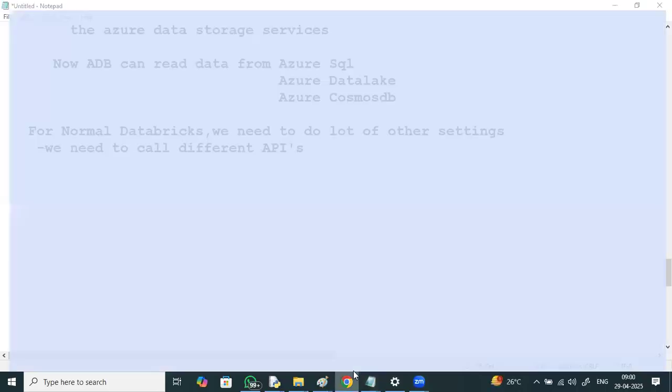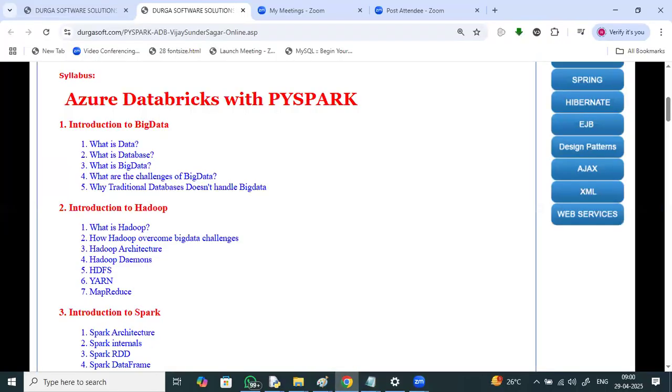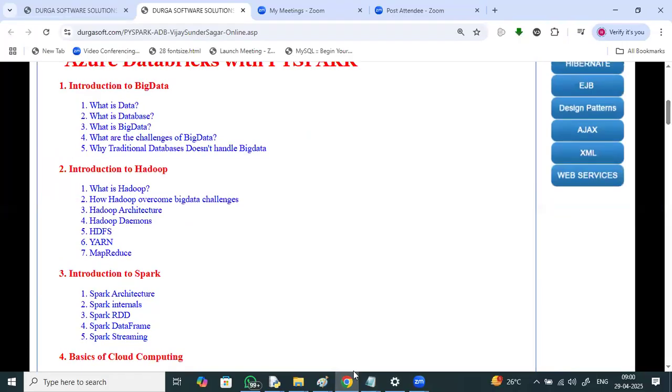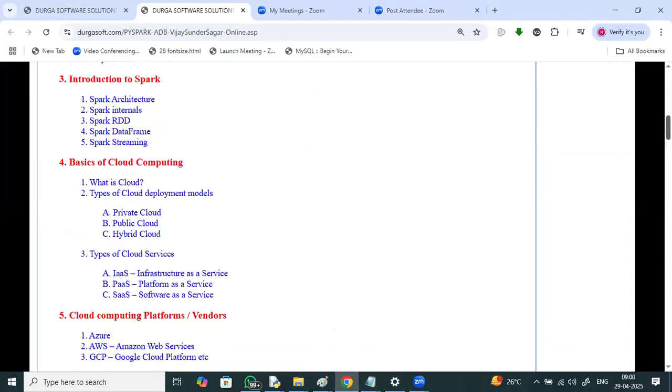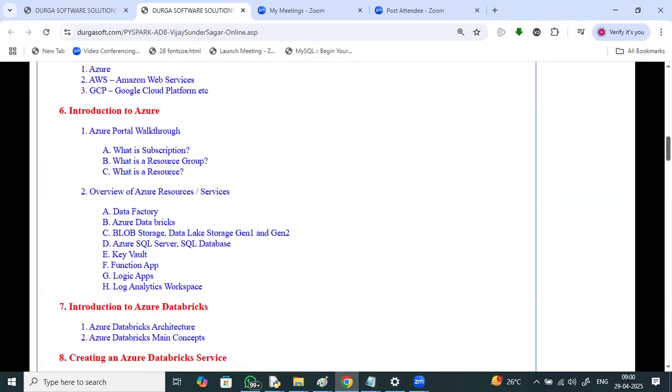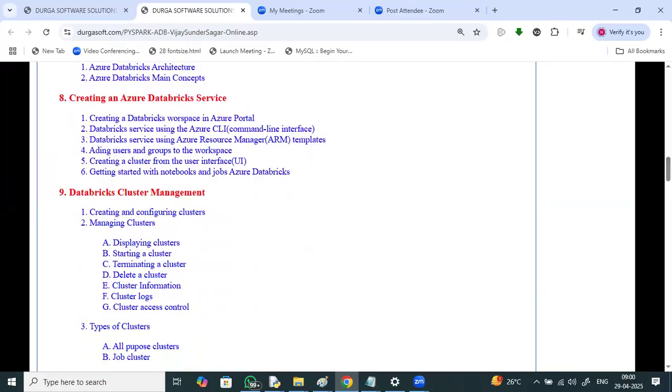You can check this: Azure Databricks with PySpark. I will provide some knowledge on big data and Hadoop, and Spark, before going into the actual things. Introduction to the Azure Databricks service, creating a Databricks workspace, cluster creation, adding users and groups to the workspace, creating a cluster, and getting started with notebooks and jobs.